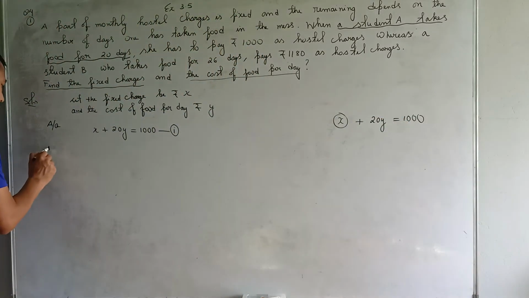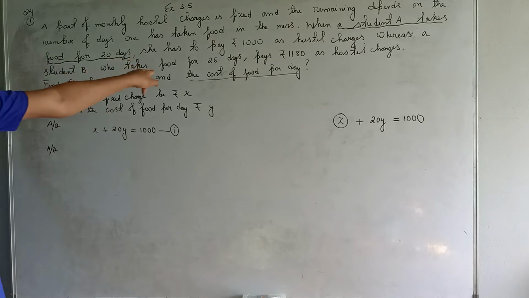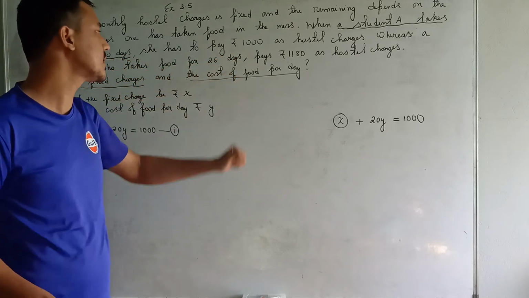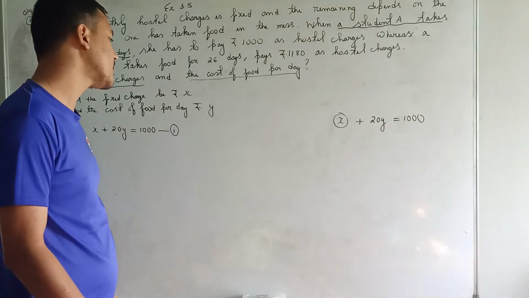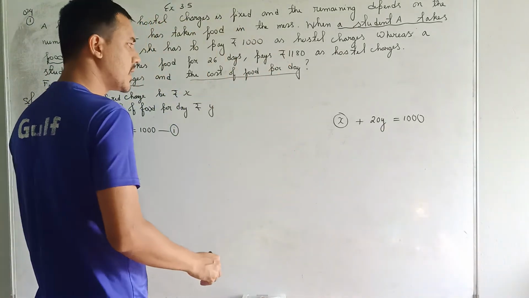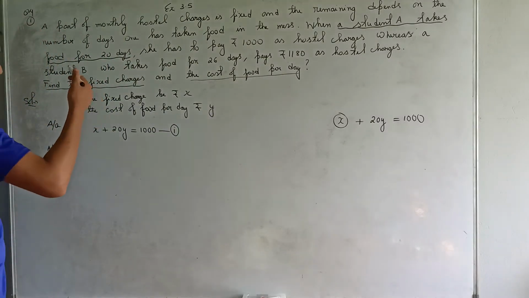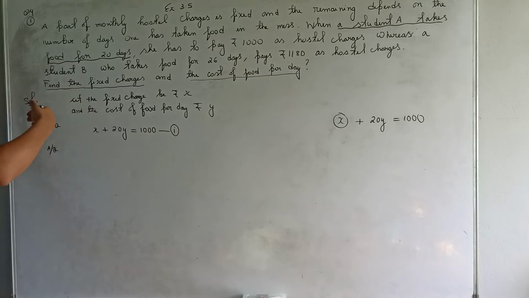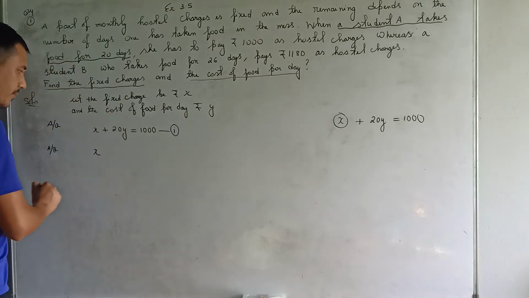Now the next part of the question. Another student who takes food for 26 days pays 1180. Now if a student stays in the hostel and takes food for 26 days, how much is it going to cost her? As soon as she joins the hostel, she has to pay the fixed charge, right?